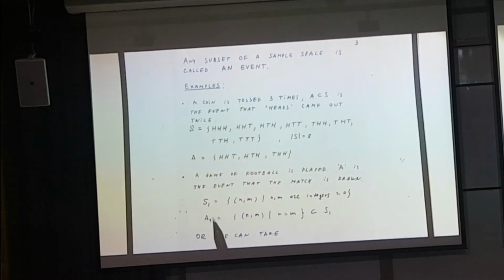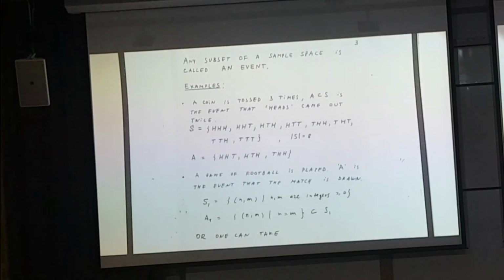So here, in this sample space, it gives us a subset. I call it A1 here, which consists of all pairs of non-negative integers n and m, which are equal. So a draw means the number of times scored was the same, and this contains all of these pairs of equal numbers. It's a subset in the set of all possible pairs.